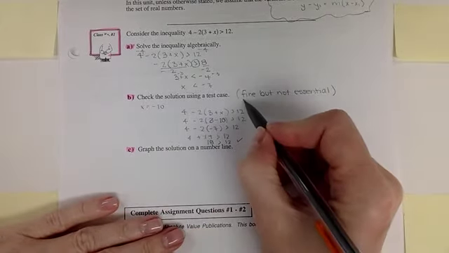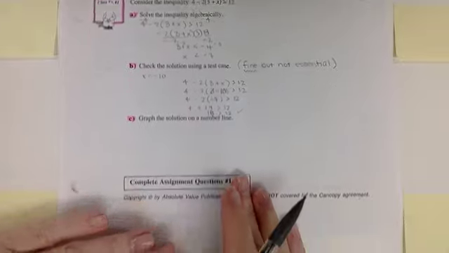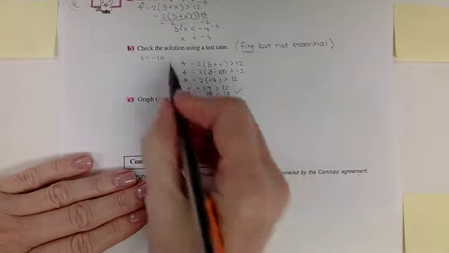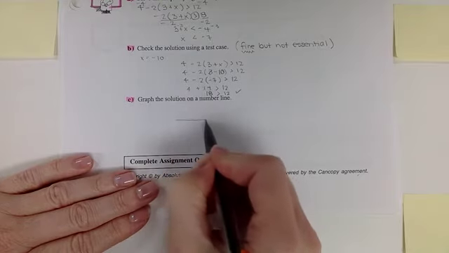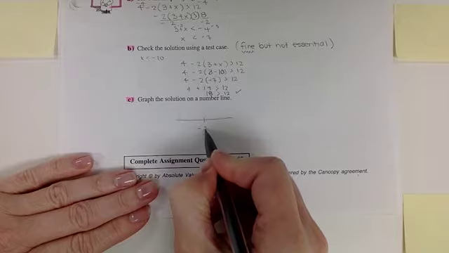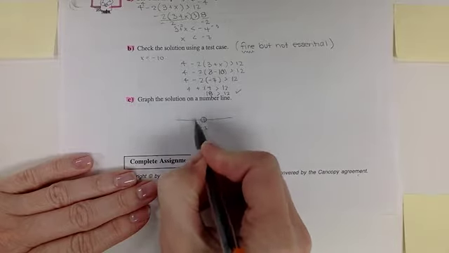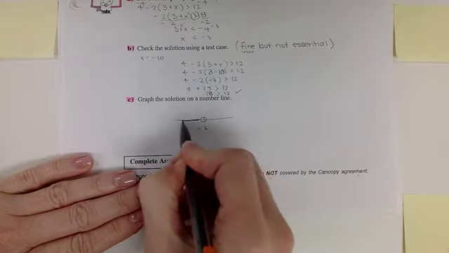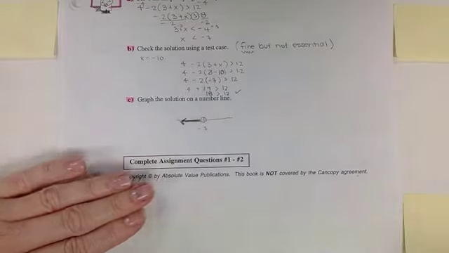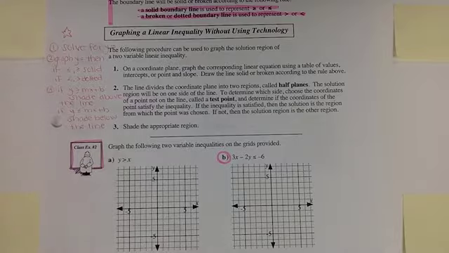So that's why I kind of say it's fine. Graph the solution on a number line. So our solution, x is less than negative 7, so negative 7, less than and not including, and down we go. Scrappy, good enough. Okay, next page.